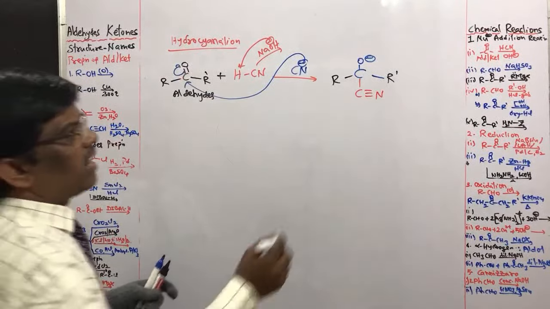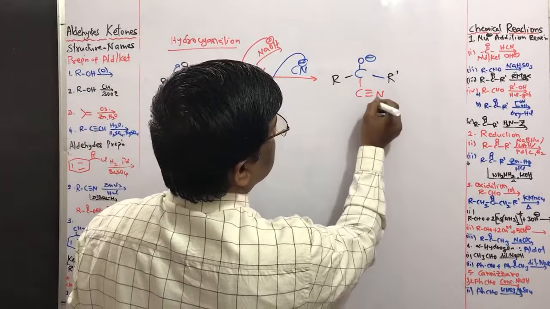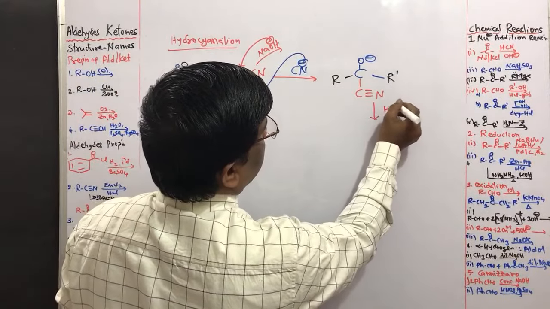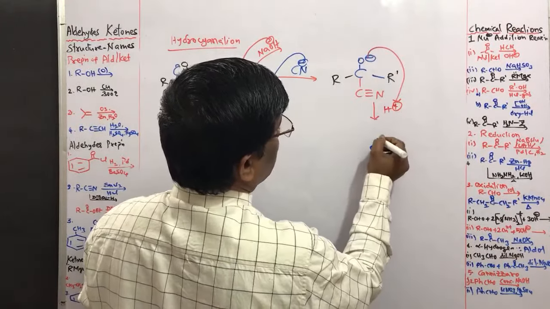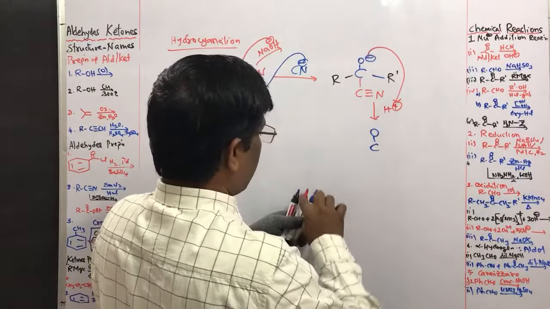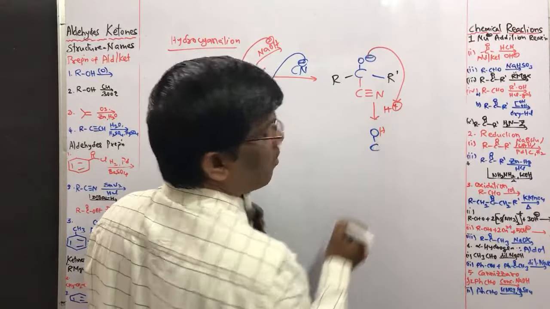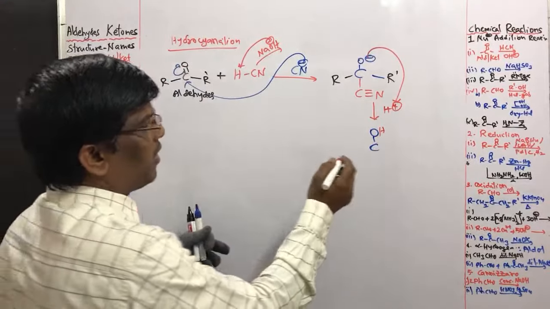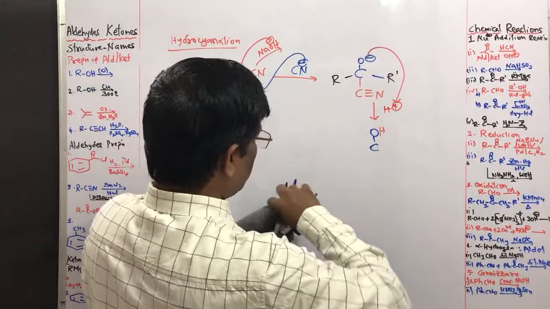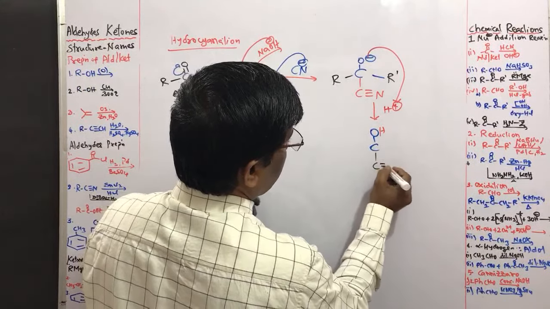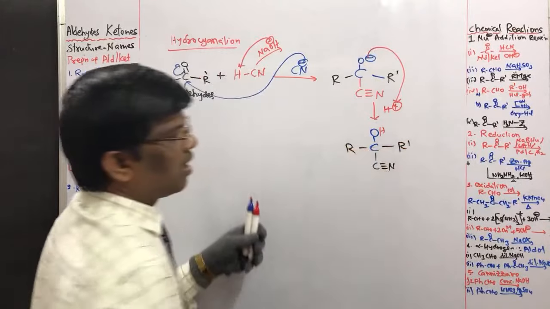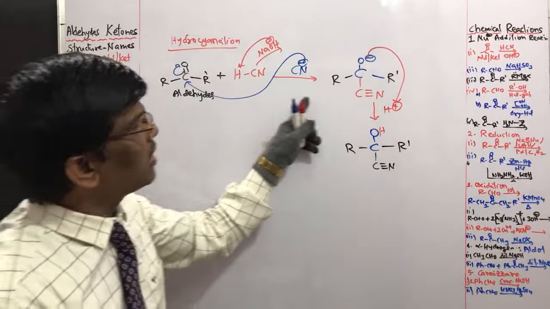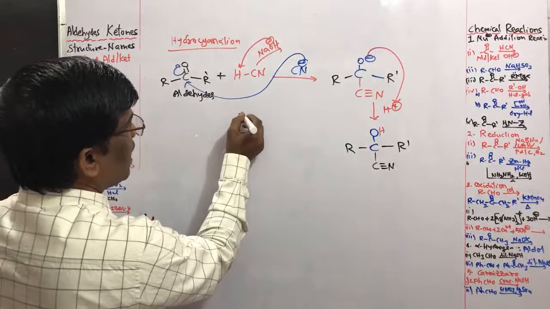This, upon acid hydrolysis, is going to take up this proton, going to give O, and this hydrogen has come. Just now in the generalized mechanism I have explained. So what is going to have here? Cyanide, and this is R prime and this is R. And this overall reaction is hydrocyanation.